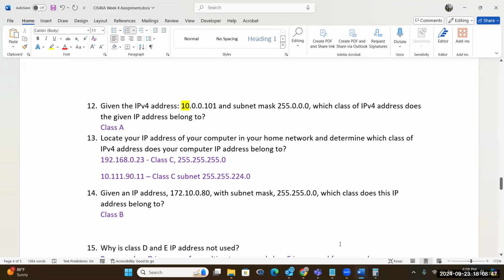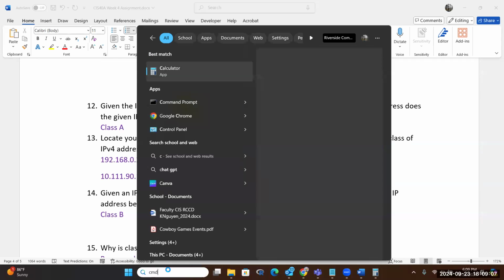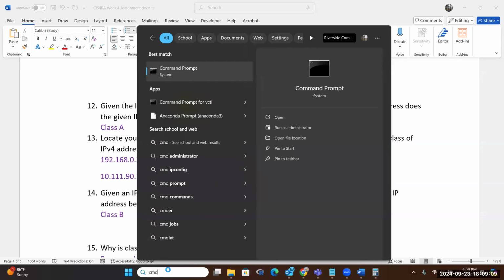Then for 13, locate your IP address from your computer on the home network and determine, or you can use the computer here. So how do I do that, right? Let's do that right now. You can go into your search bar for Windows and you type in CMD or command prompt, CMD. And you are going to just open up the app.